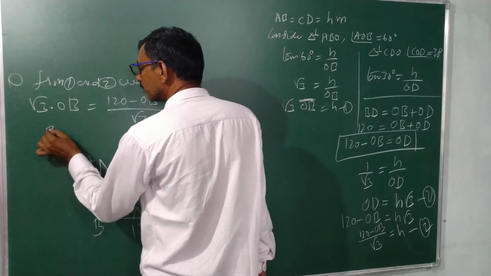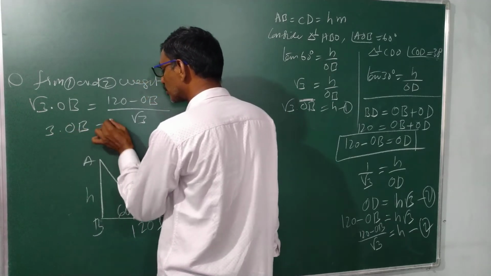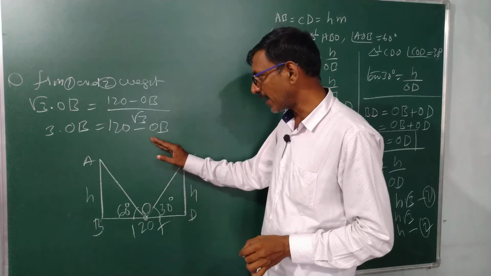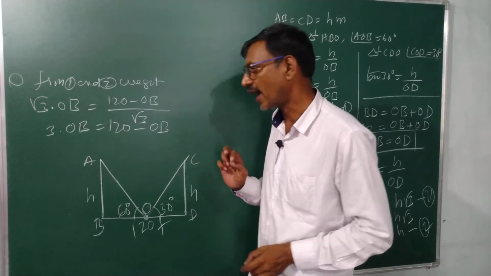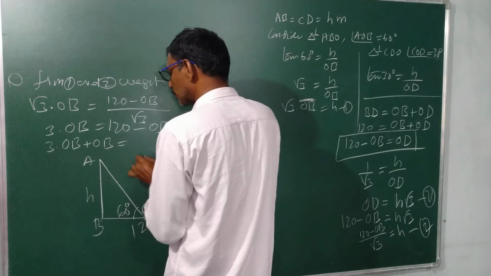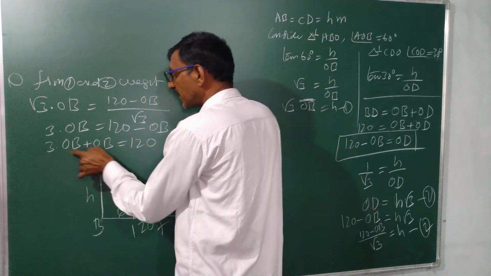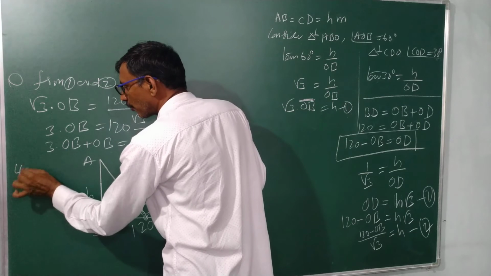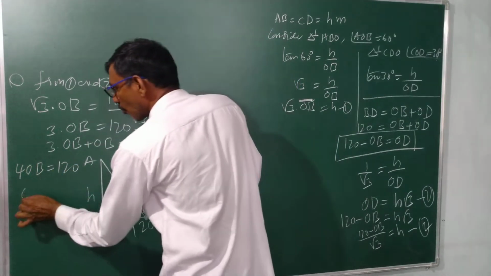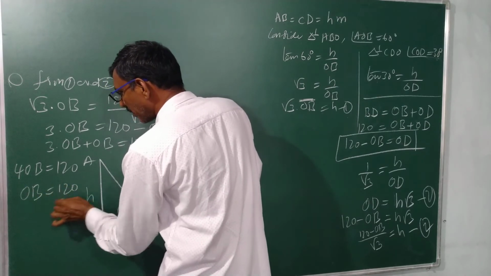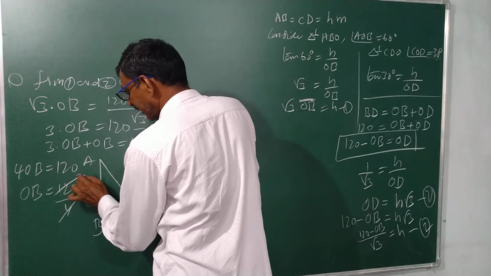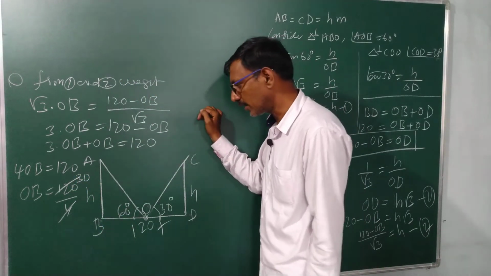Root 3 into root 3, 3 into OB equals 120 minus OB. Minus OB will go that side and add. 3 times OB plus OB equals 120. 4 OB equals 120. OB equals 120 by 4, that is 30. Am I clear or not?